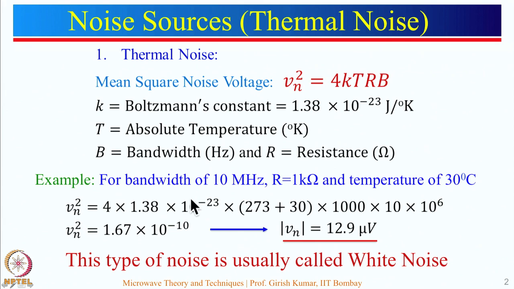Let us take an example to calculate Vn square for a given bandwidth, which is equal to 10 megahertz. 10 megahertz is a reasonable bandwidth to assume for any cellular band. For example, we know that GSM 900 works from 890 to 960. Of course, that is divided into two separate bands, 890 to 915 and 935 to 960 megahertz.